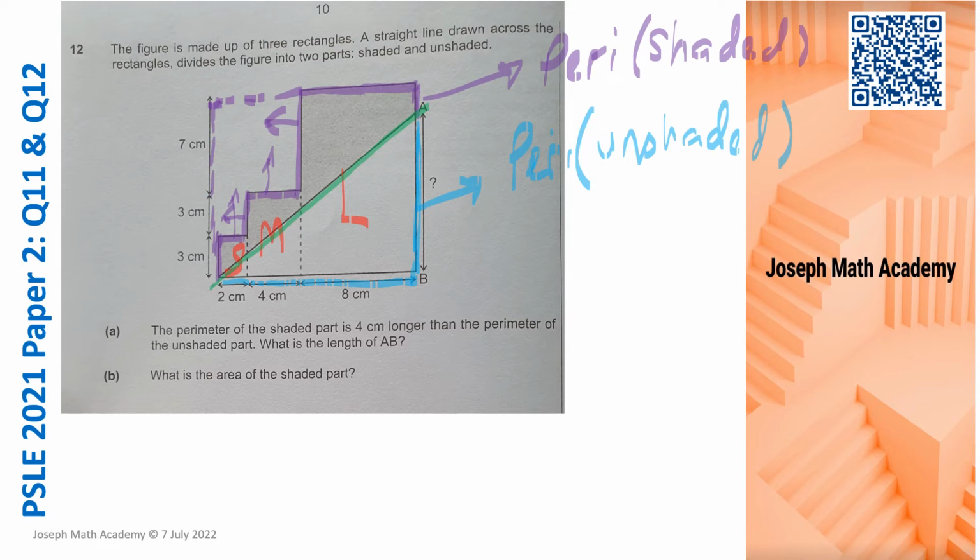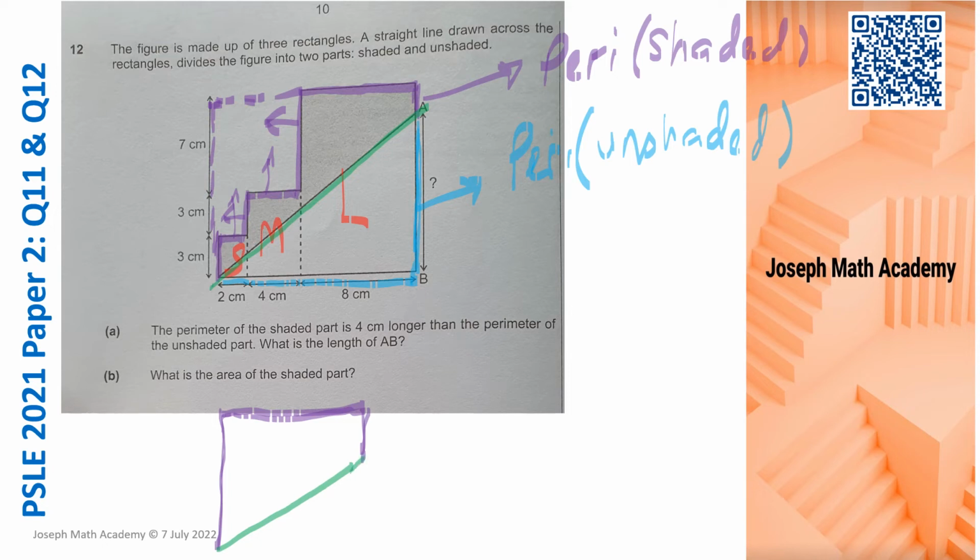Okay, so the purple line is now known as this. I'm going to resketch. The purple line is now like that. This is the purple line, plus the green line.